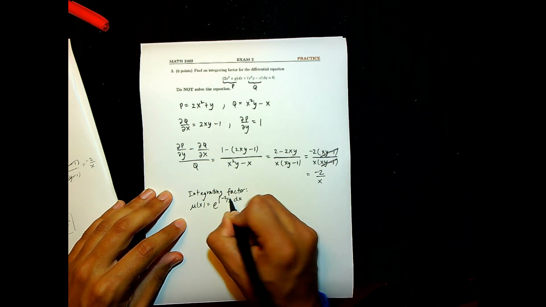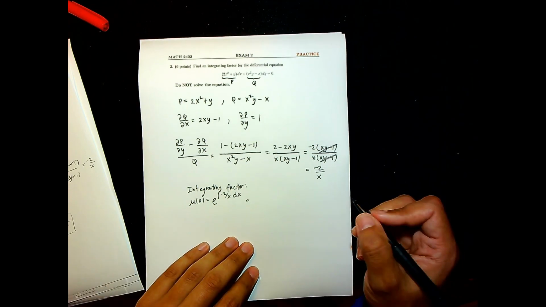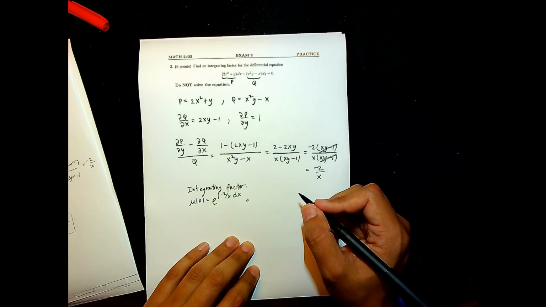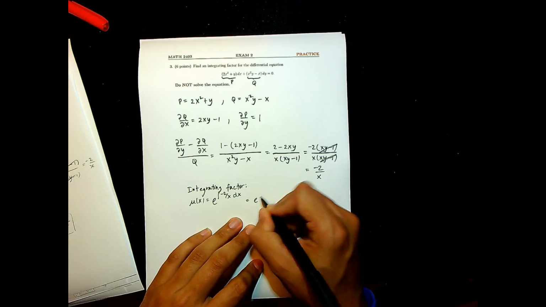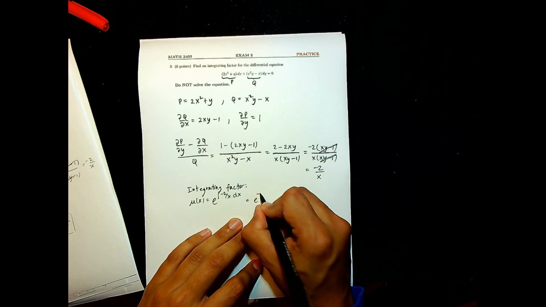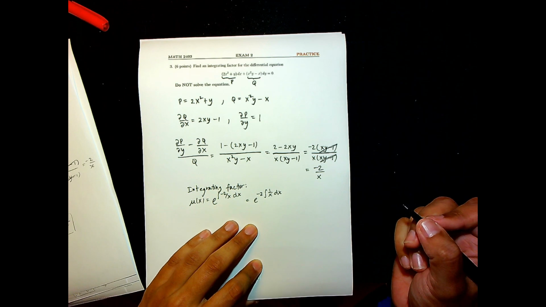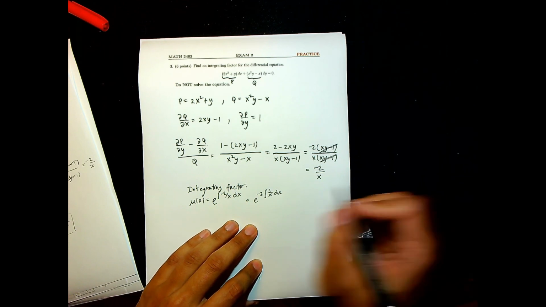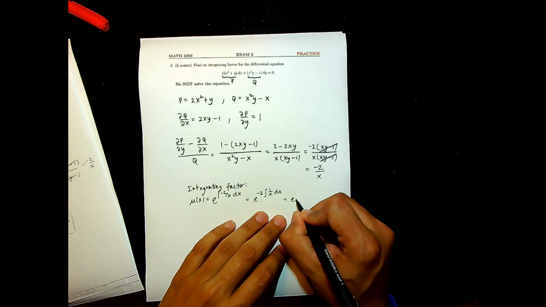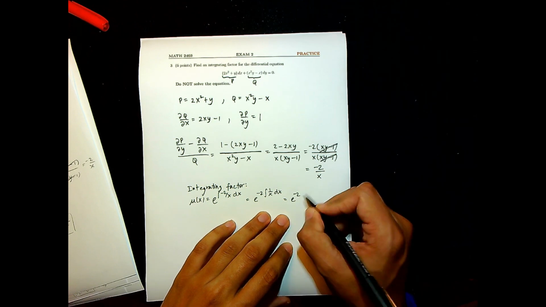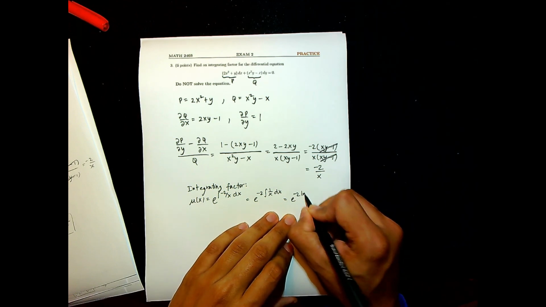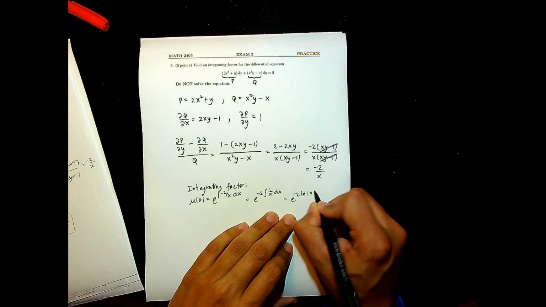Now let's do this integral, and once we do this, we're done, right? Pulling out the negative 2, this is negative 2 times the integral of 1 over x dx. Now this is e to the negative 2 ln absolute value of x, right?